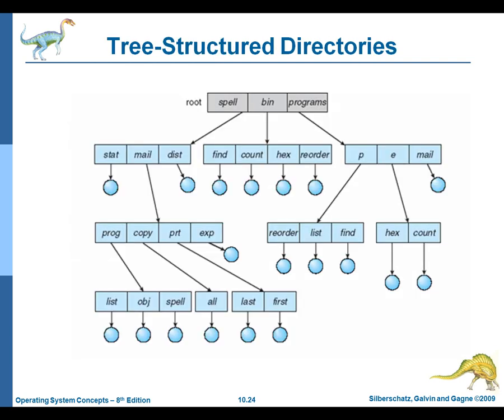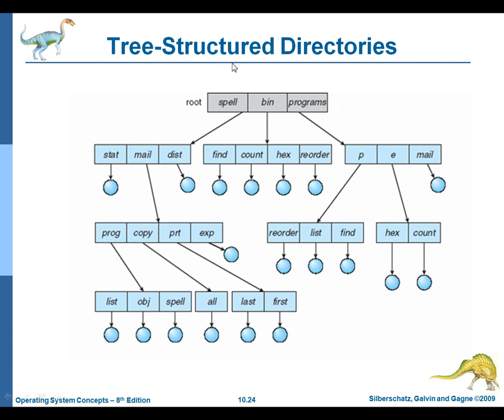Coming to the next part, that is the tree structured directories. As you can see, in the tree structured directory, this is the root. In this root we have these three particular users, and only three users are there, and in these users we have again the subdirectories.